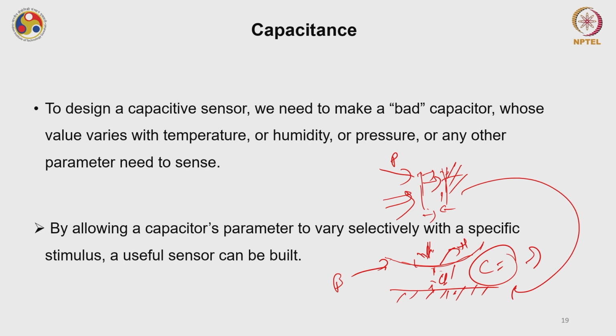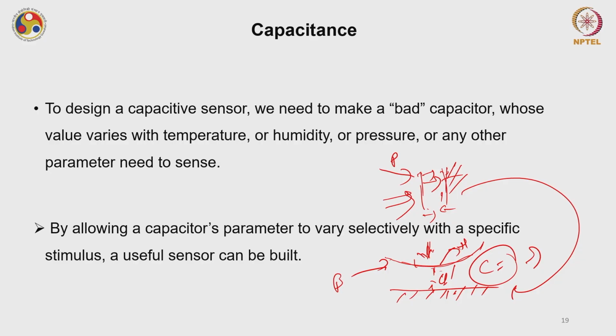So it should be as bad as it can be. That is the difference between a sensor and simple electrical components. We are discussing the same capacitance but from a different perspective, totally different from an electronic circuit or a simple electronics course, where I am looking for a capacitance whose value is not changing in the ambient.